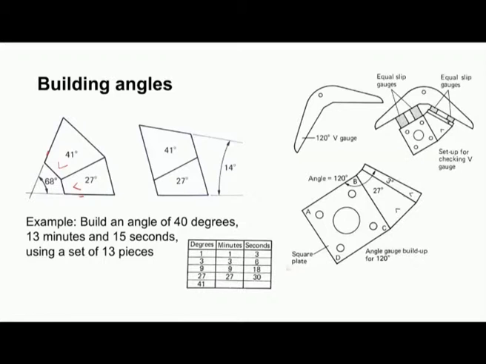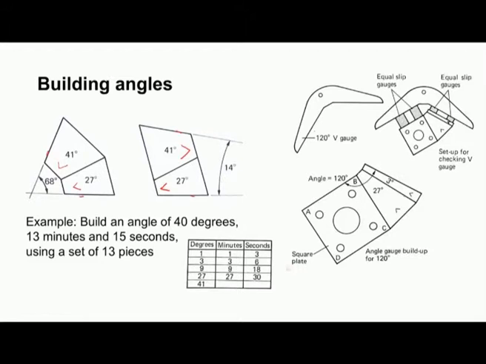So, we get 68 degrees. When they are placed in the opposite sides like this, then we have to subtract 27 degree from 41 degree. So, total angle between this surface and this surface is 14 degrees. So, like this we can build the angles.